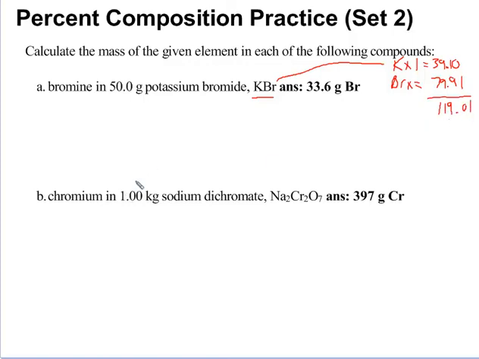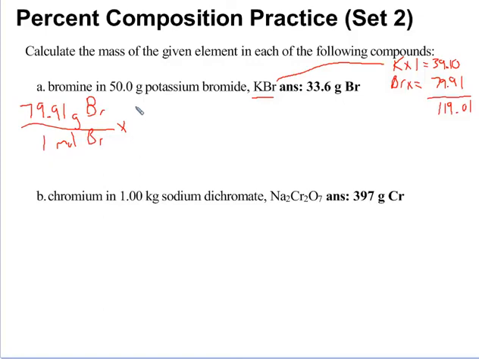So remember, when you're doing what is the mass in a certain sample size, you need to know what percentage you have. So you start off by writing down what you know. You know that the mass of bromine is 79.91, and that's from the periodic table of Br, and that's grams per mole because we use the molar mass.